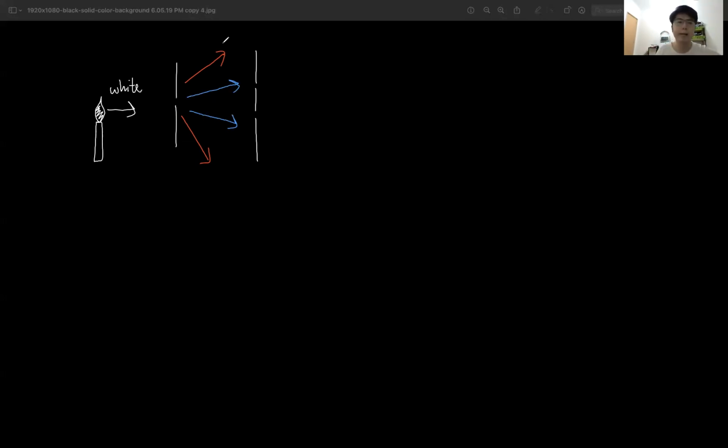The other colors are blocked. So the function of the first slit is that it creates many colors, but only the blue can go through the second slit. So what happened is that we have created a coherent source, because what's coming out of here is just blue. Same wavelength, same frequency. So this is how Young set up his experiment.